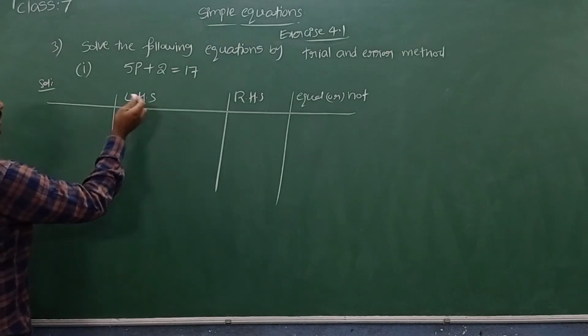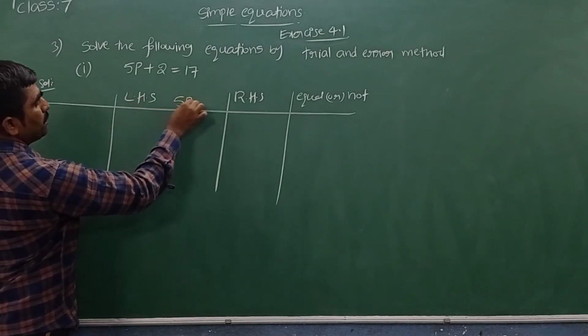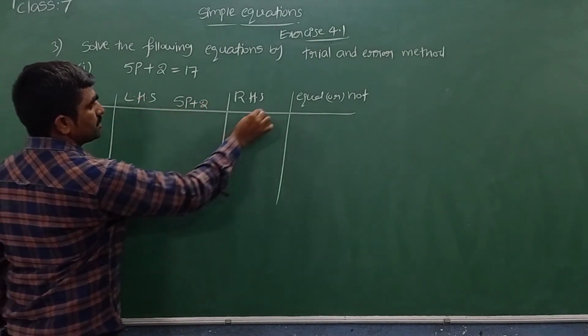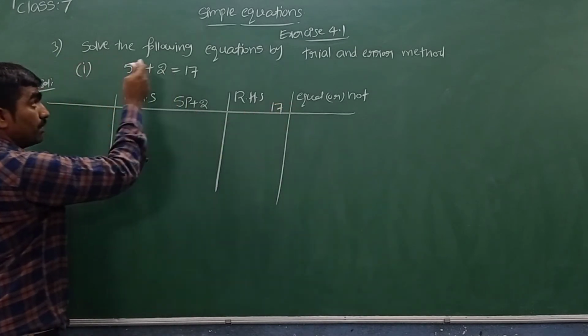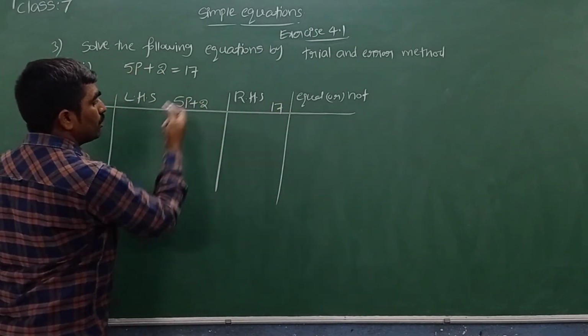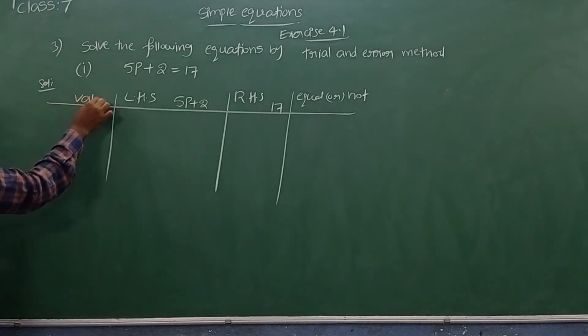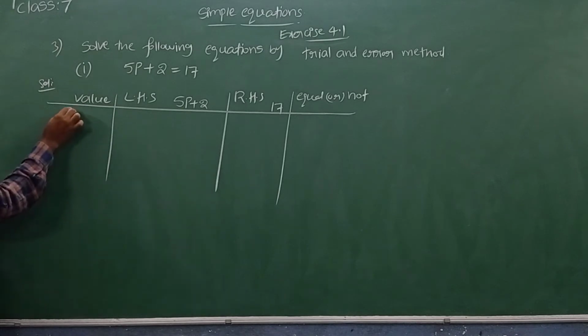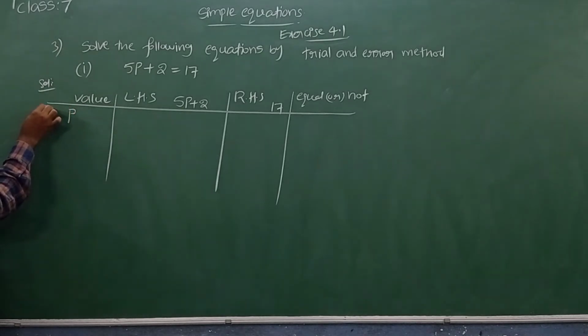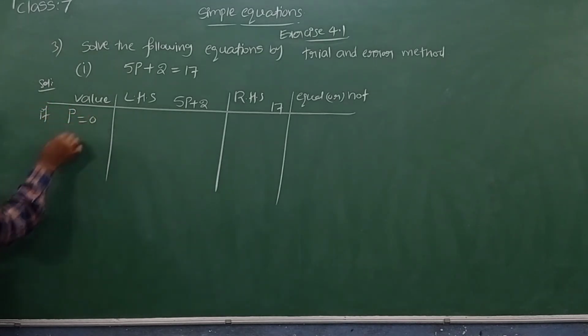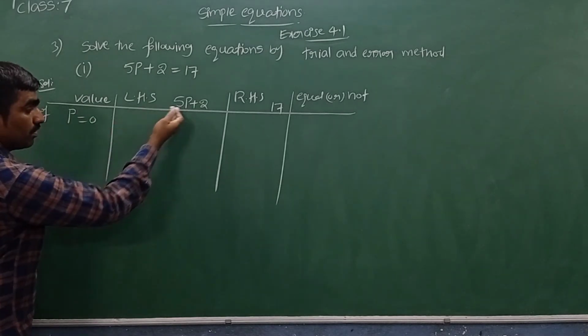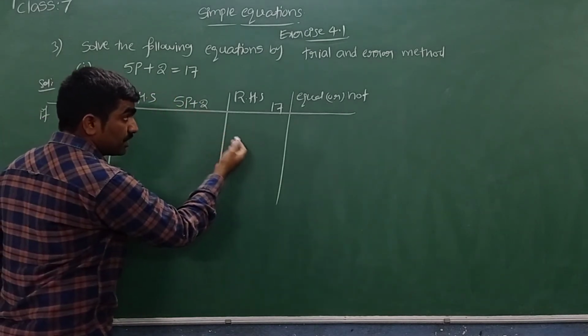Now what is the LHS here? 5p plus 2. What is the RHS? 17. The part before the equal sign is the LHS, and the part after is the RHS. Now let us take a value. First we'll substitute p is equal to 0. Will it give LHS and RHS equal or not?